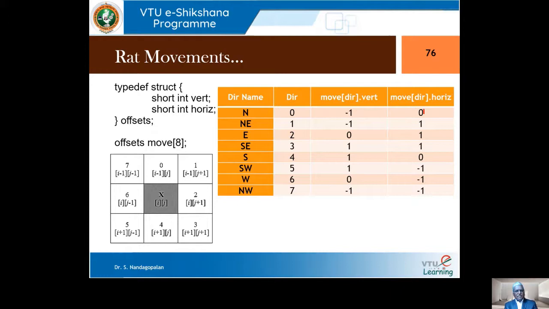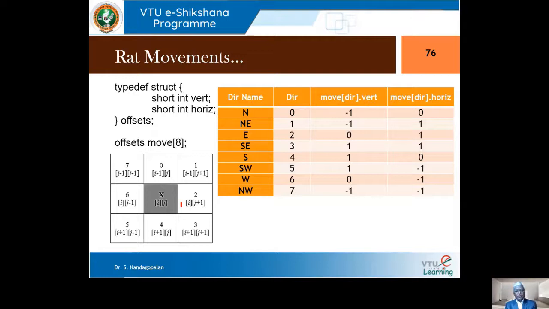And if you're talking about direction 2, vertical is 0 and horizontal is 1. So we can easily show it with 3 values: -1, 0, 1, because that's what the rat movement actually shows.